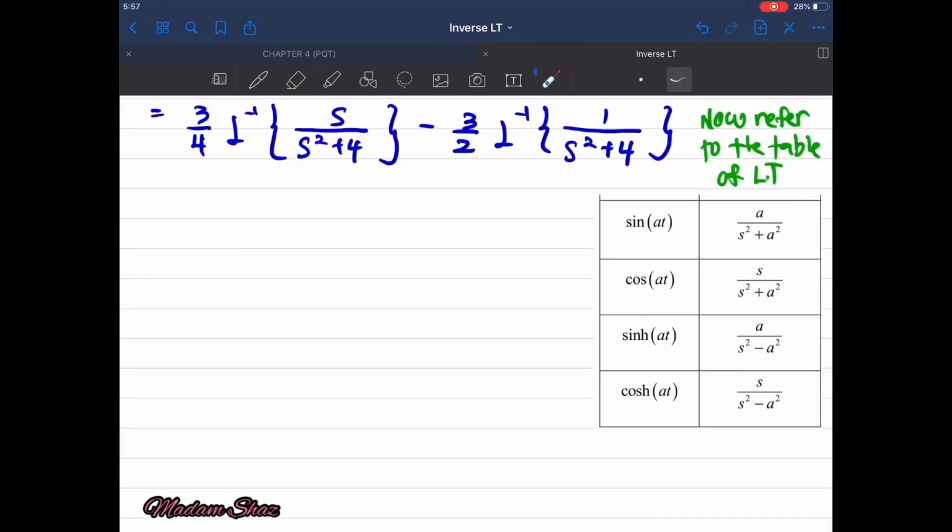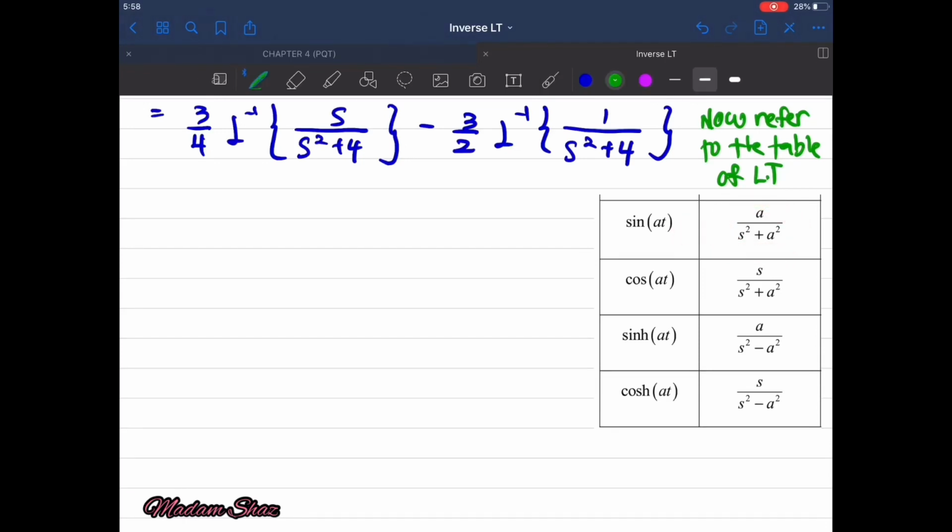By referring to the table, whereby we have s at the upper side and s square plus a number at the bottom side, this one is the suitable term, whereby the answer will become cos of at. For the second inverse Laplace transform, the suitable one is sine of at.